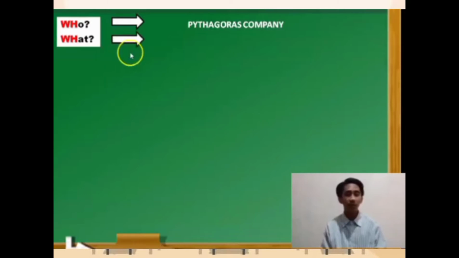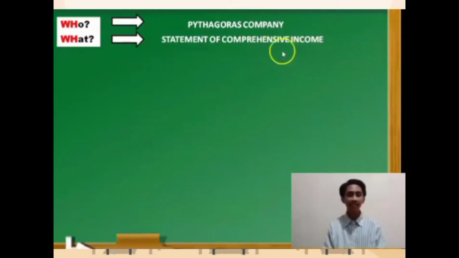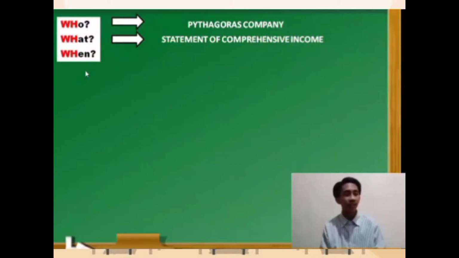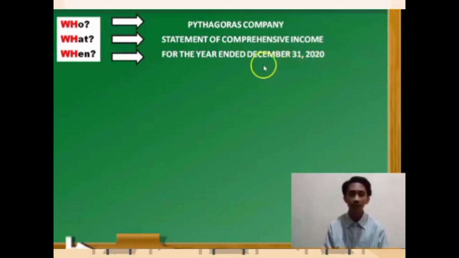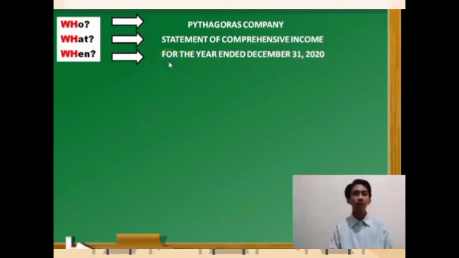As for today, we are preparing a statement of comprehensive income. Lastly is when, or the period covered by the report, which in our example is for the year ended December 31, 2020.